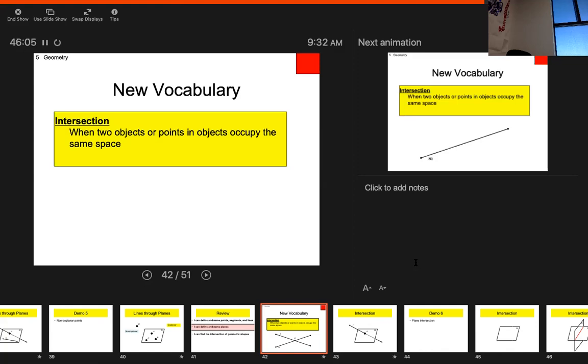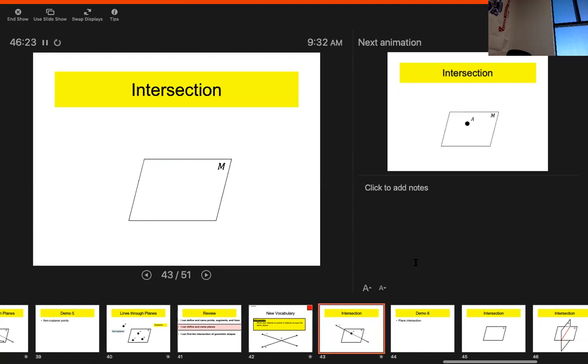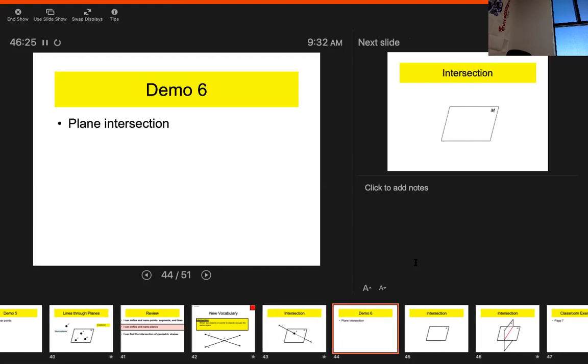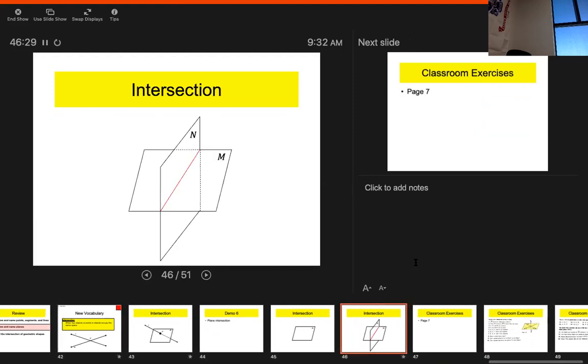They make a line. When 2 planes intersect, they make a line, right? They're touching along a line, and that's where we're going to end today. So, when 2 line segments or lines intersect, they make a point.